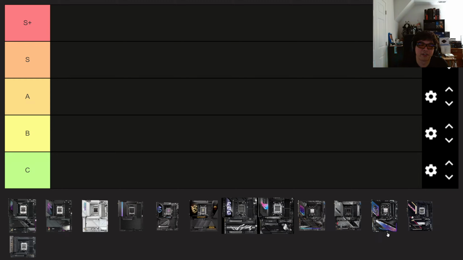It's not a fair comparison. So X870E is graded together as a group, and then X870 will be graded as a separate group as well. That's because X870 is actually B650E with the inclusion of USB 4 and Wi-Fi 7. So those are the main differences.